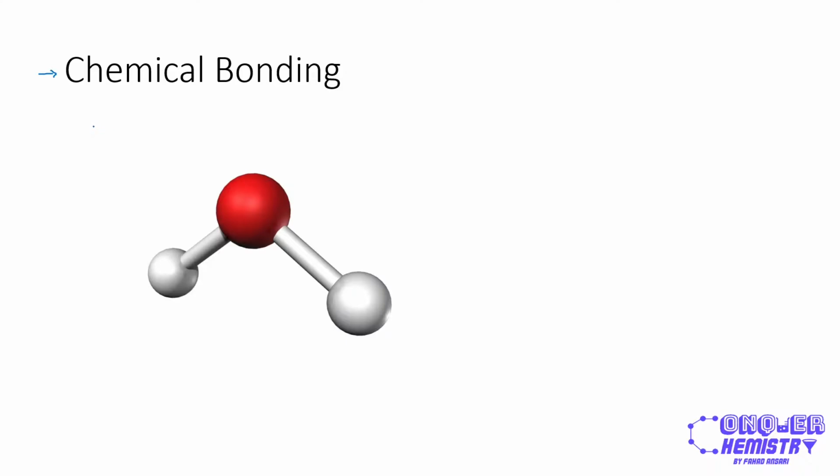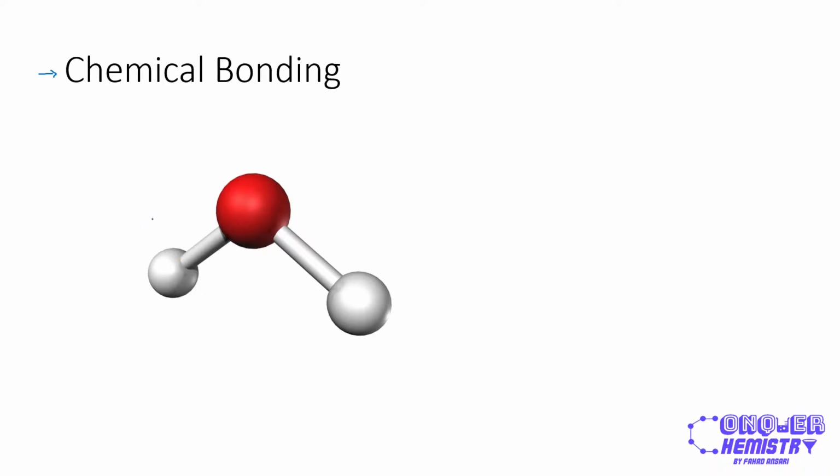In this video we will start a new chapter on chemical bonding. Before we begin on the formal definition of bonding, you may have seen stuff like this. This is called a ball and stick model, right? Normally you join together atoms of different elements and link them together using these sticks.